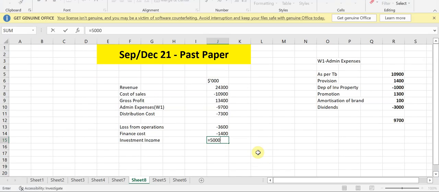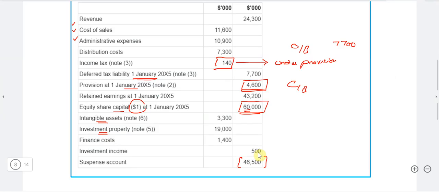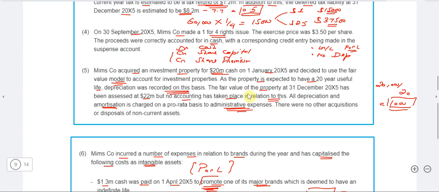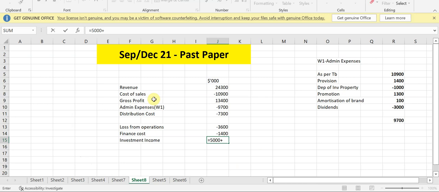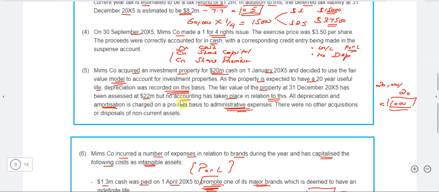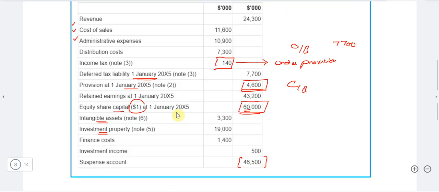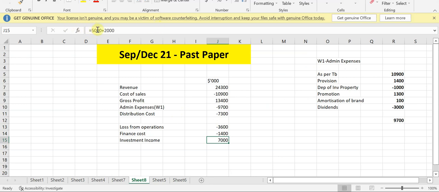And then we have the gain on investment property, remember, which is the difference between this 20 million and the year-end value of 22,002,000. So just add 2000 over here. So it gives you 2500.